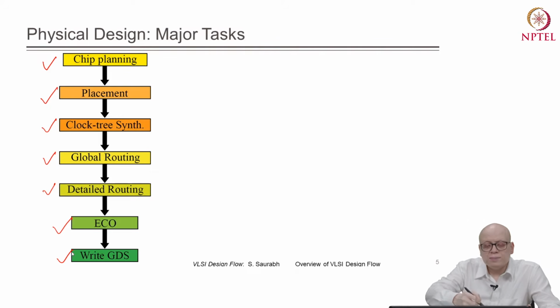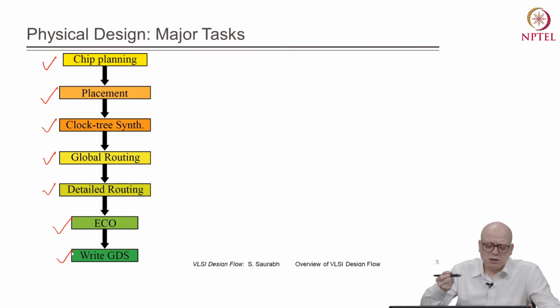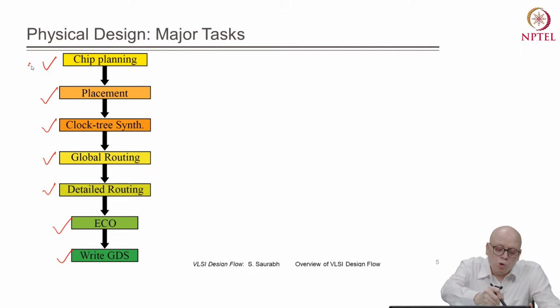So, these are the major steps that are done in physical design, right. We will be looking into these steps in subsequent slides and in much more detail later in this course. But a general, top-level understanding of this flow is that with each step more details are added to the design.